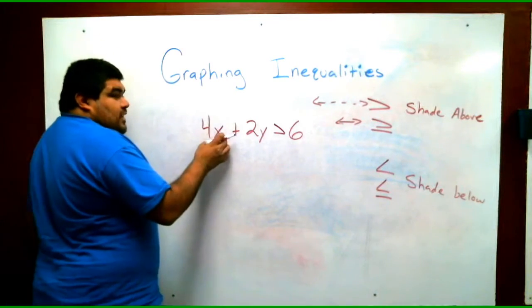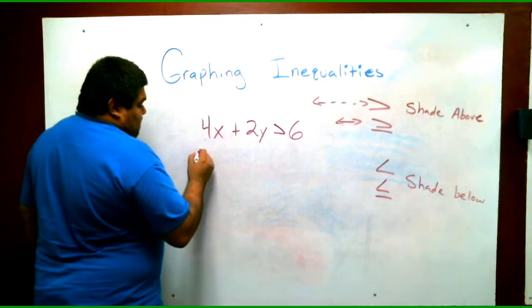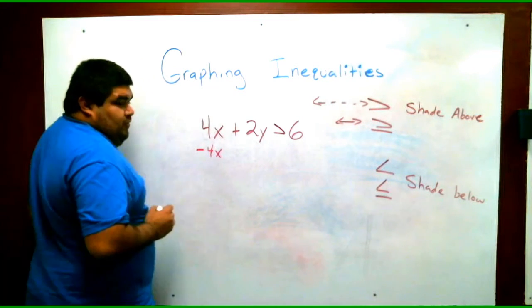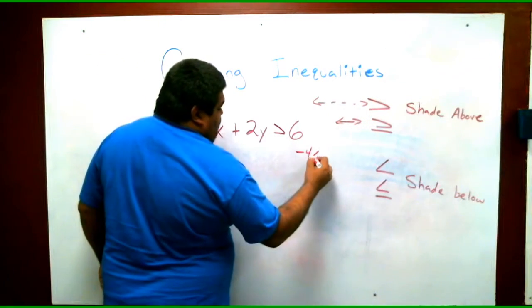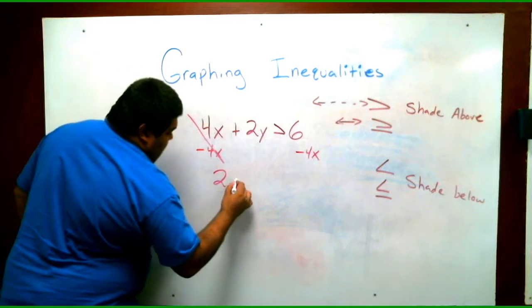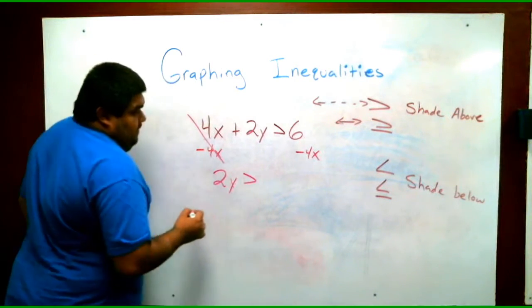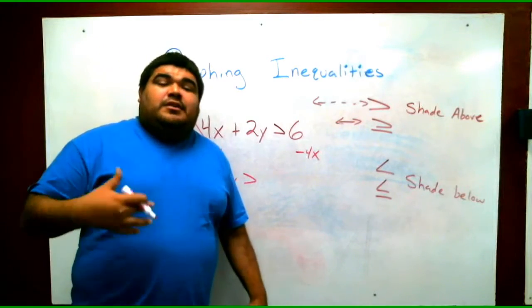If it's positive, we move it to the other side and it becomes negative. So we have negative 4x. Negative 4x cancels out. We're left with 2y greater than. I always like to put the variable first. That's the way to do it, okay?